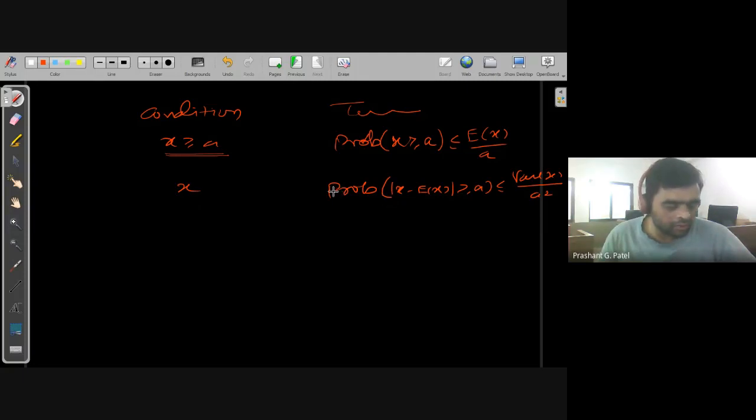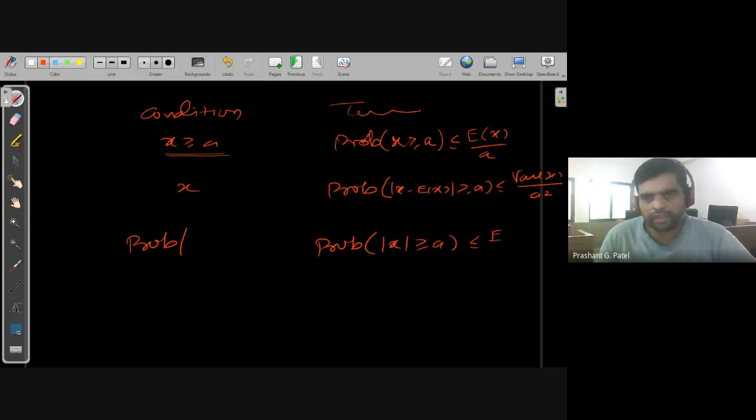Then there are other types of conditions we have, and according to that we have a tail bound for each. For higher moments, you have the probability of mode of x greater than or equal to a is less than or equal to the expected value of x raised to r upon a power r.